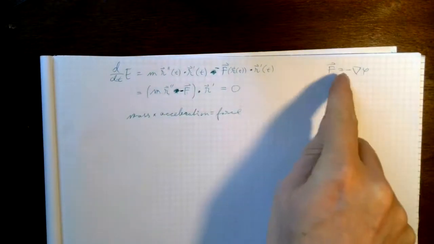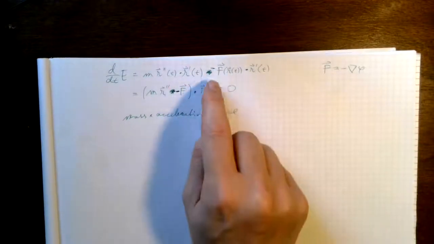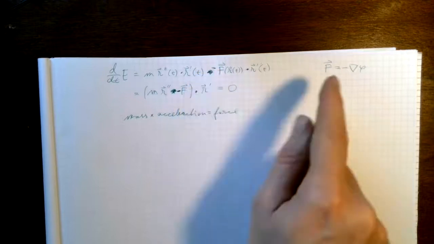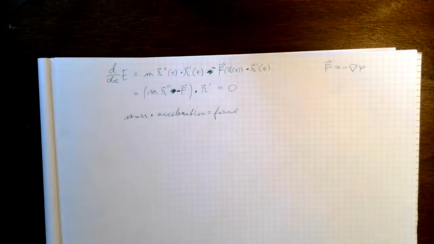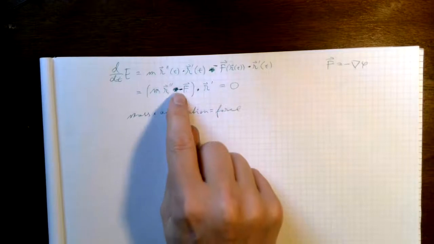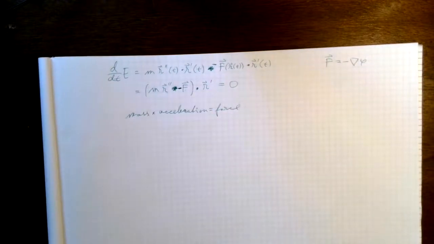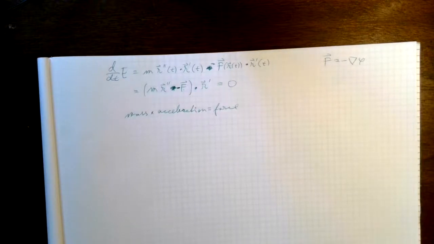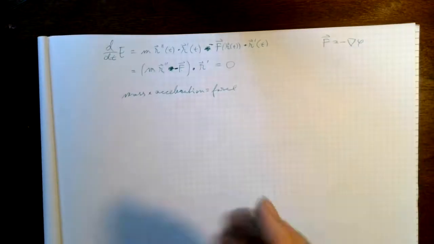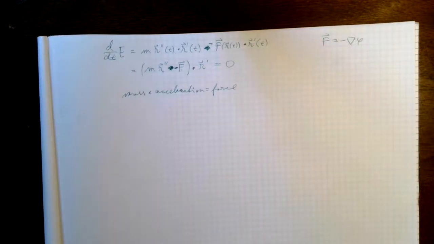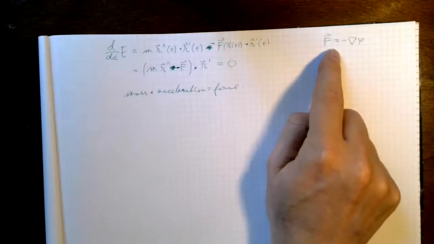And now you've seen the thing that I just missed: there was the gradient of phi, and I forgot to write down the minus sign. You can see where the minus sign is important, because if there was a plus sign, I wouldn't get a 0. It's not that you can't do the physics without the minus sign.